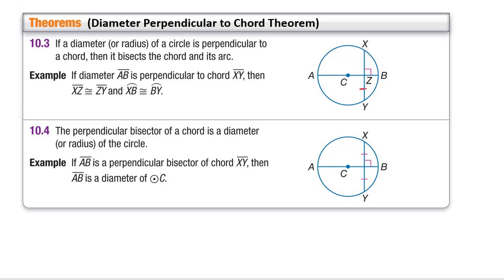That means that YZ and XZ are congruent, and then arc BY is congruent to XB. And then we have another piece of this theorem. A perpendicular bisector of a chord is the diameter of the circle. So if I have a segment that goes through the midpoint, it's the perpendicular bisector, then we know AB is going to be a diameter.